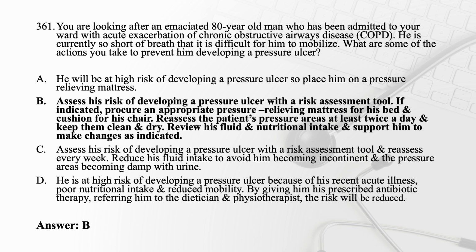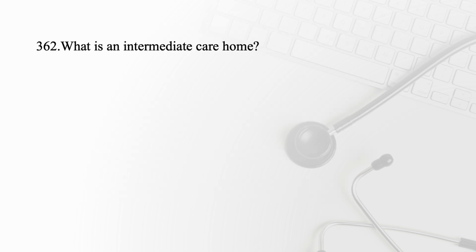If indicated, procure an appropriate pressure-relieving mattress for his bed and cushion for his chair. Reassess the patient's pressure areas at least twice a day and keep them clean and dry. Review his fluid and nutritional intake and support him to make changes as indicated.